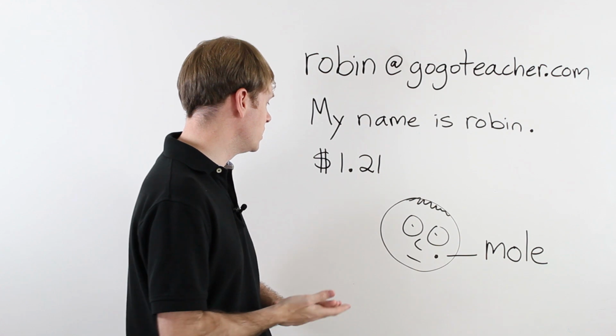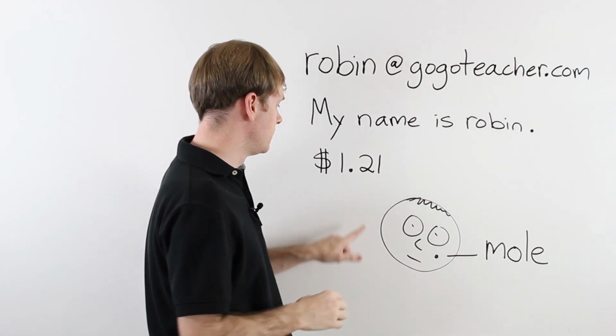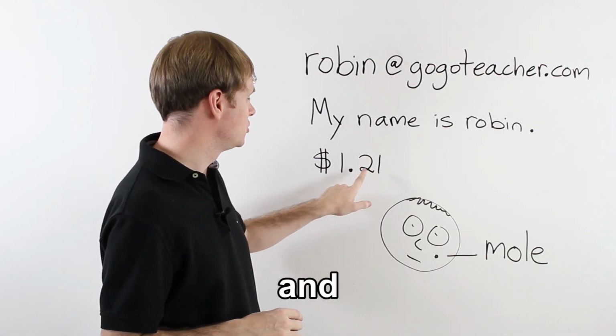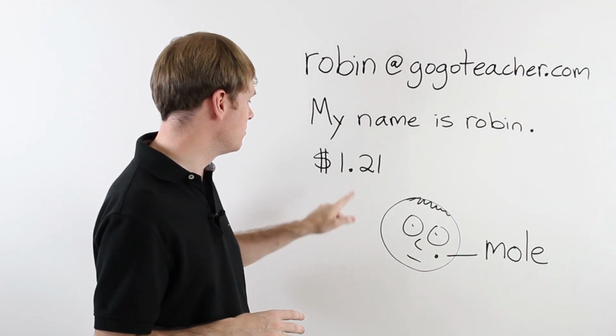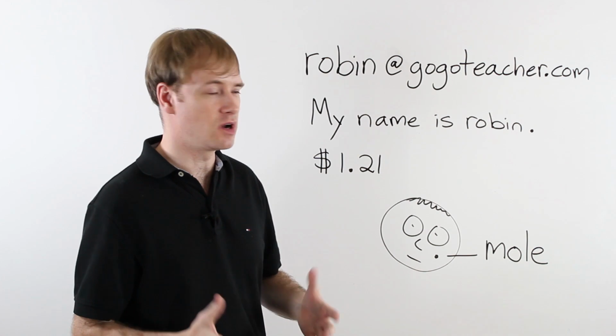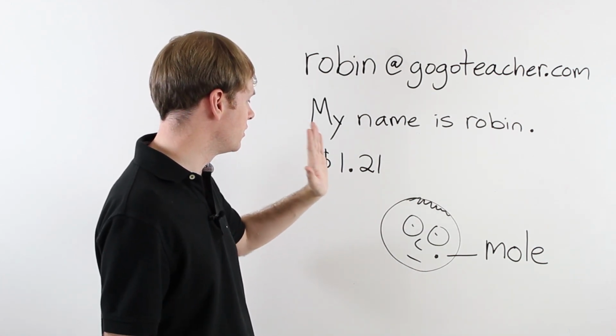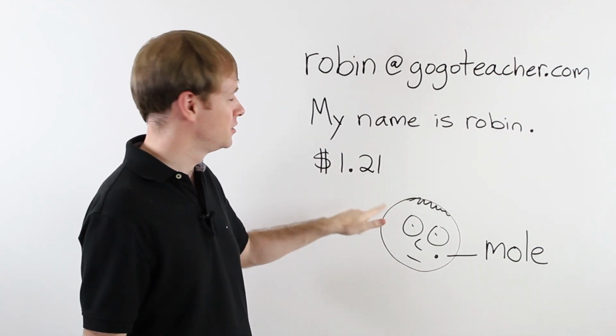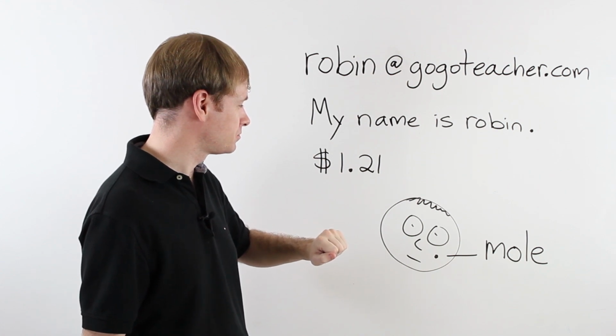Actually, in money, we say $1 and 21 cents. So in money, don't say $1.21. It's very strange. This is $1 and 21 cents.